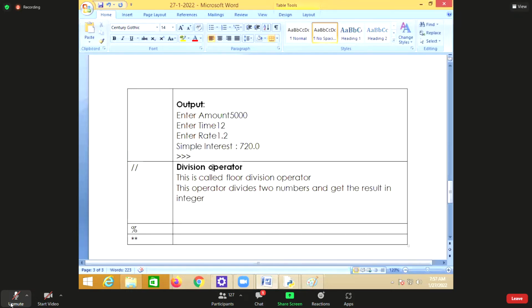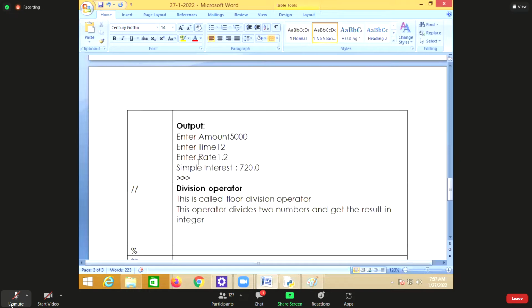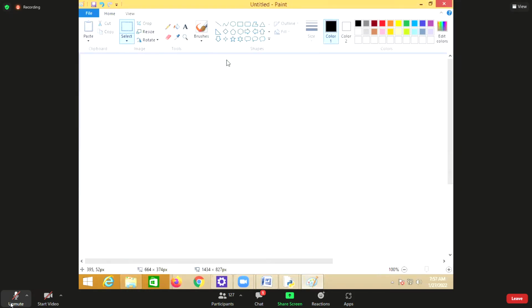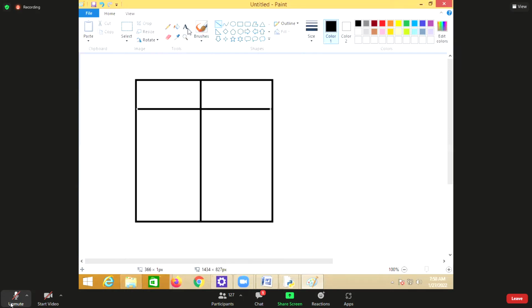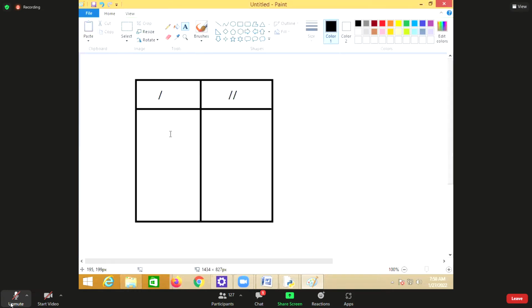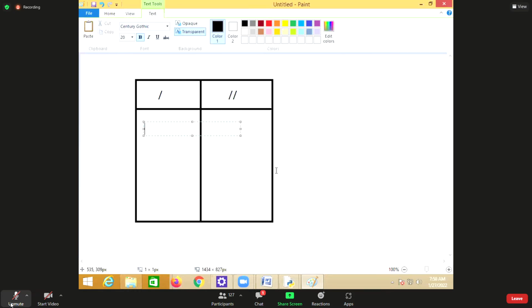For example, if you take this division operator, what is the difference between these two operators? What is the difference between slash slash and slash? Now this is a slash and this is slash slash. But both will get the quotient only.